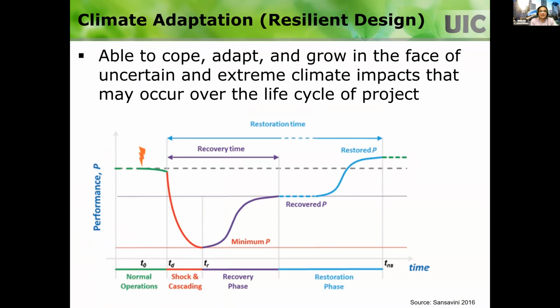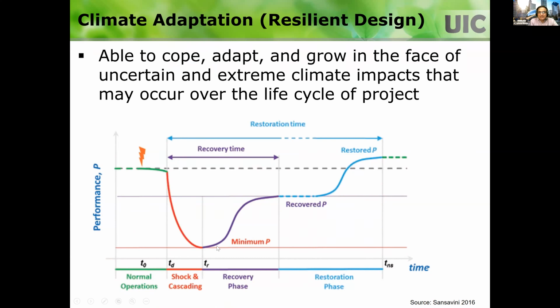They're not going to reduce the greenhouse gases overnight. We're going to see these extreme climate impacts more and more. So we need to design systems that can cope with these extreme events. Say you design something, and you have extreme flooding, and it gets damaged a little bit, but not to collapse.